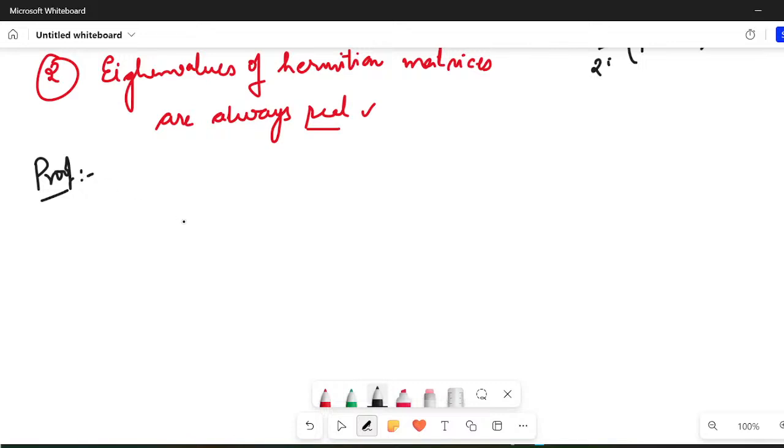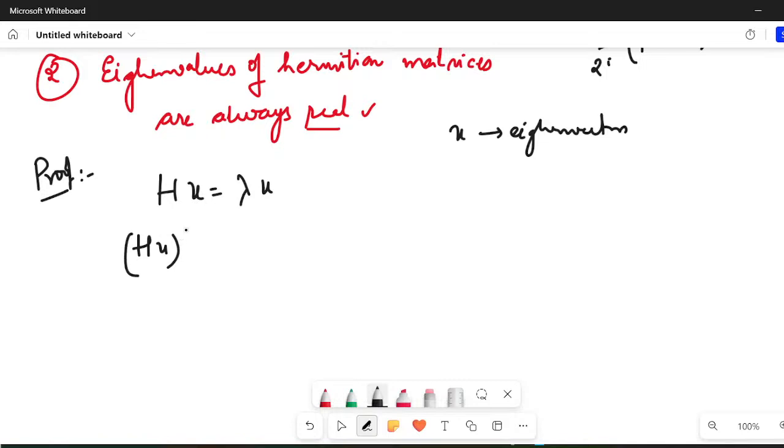Let's say for a Hermitian matrix, I write HU = lambda U, where U is the corresponding eigenvector. Now let us take the dagger on both sides. So I'll get (HU) dagger = lambda star U dagger, or you can use the conjugate if you don't want to use star.